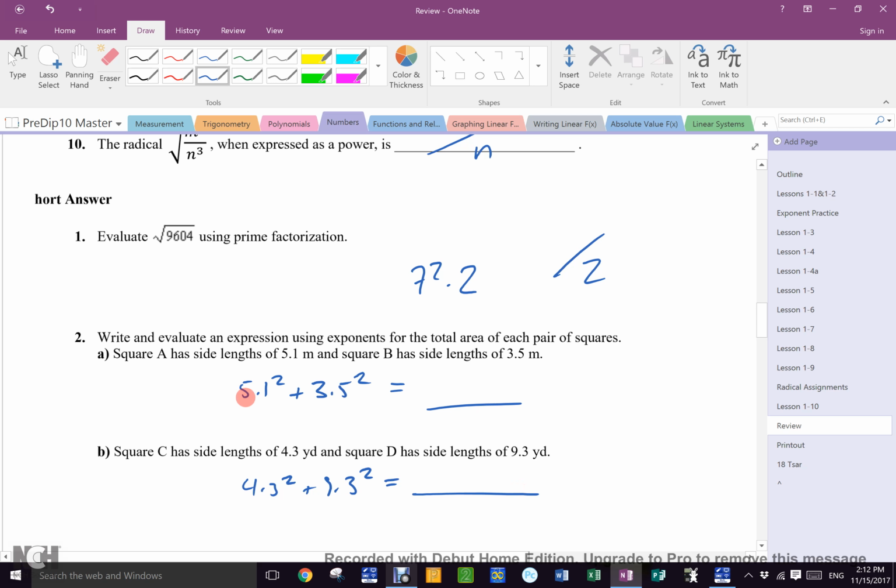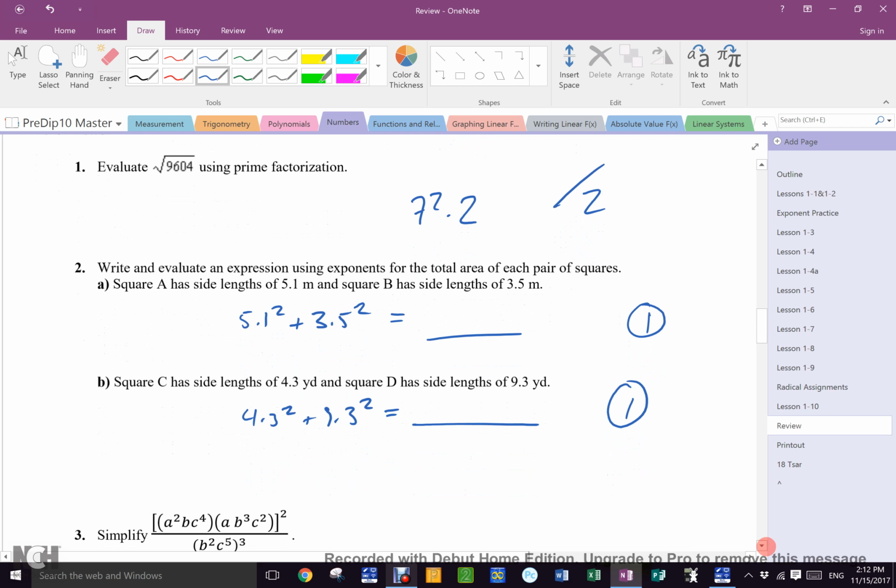But it's going to be 25 and 16. It's going to be around 41. And that one's going to be around 80 and 16. Going to be around 100. One each. Everybody good?